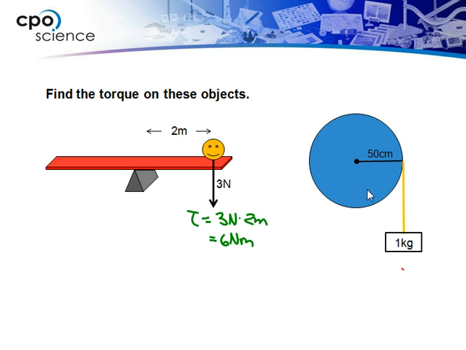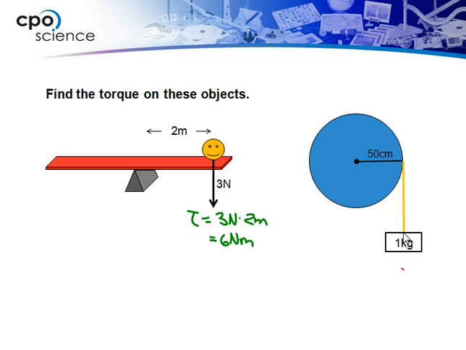Over here we have a little more complicated example where we have a weight hanging off of a wheel, and as this weight falls, you can probably see that this wheel is going to spin. Well, we have a lever arm here of 50 centimeters, and we have 1 kilogram here. Now this is a mass, it's not a weight.